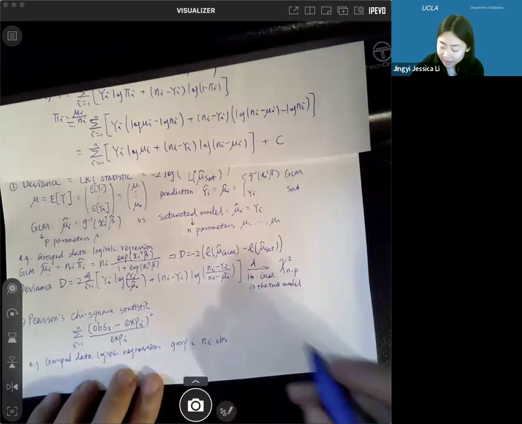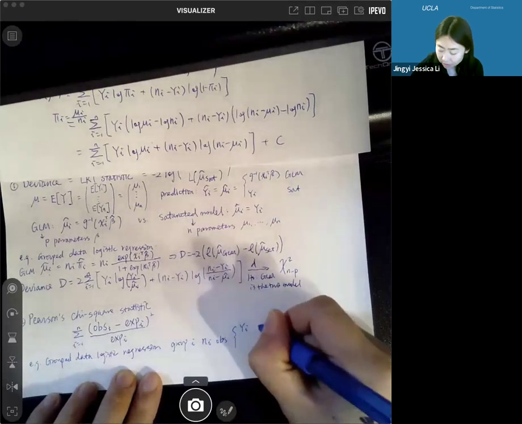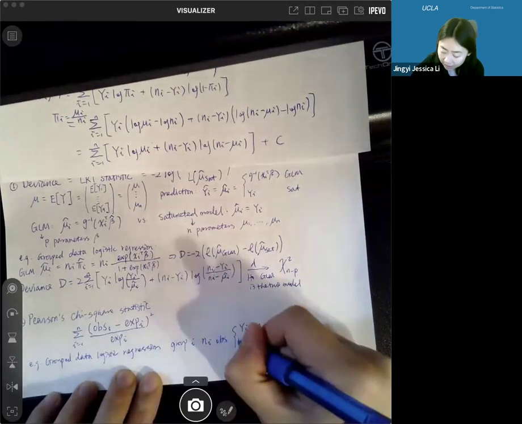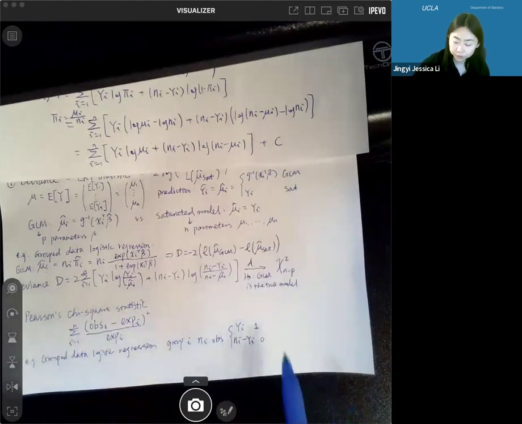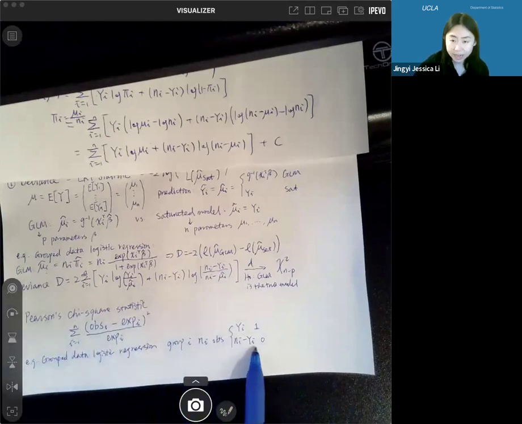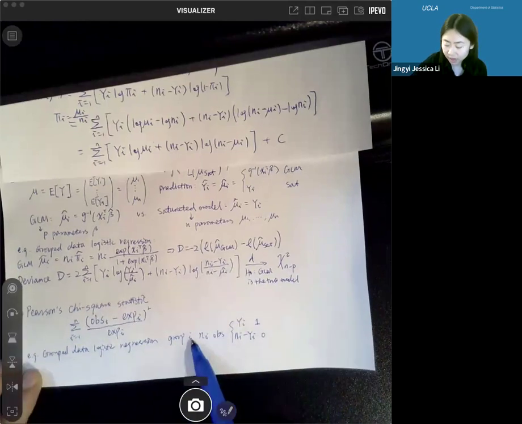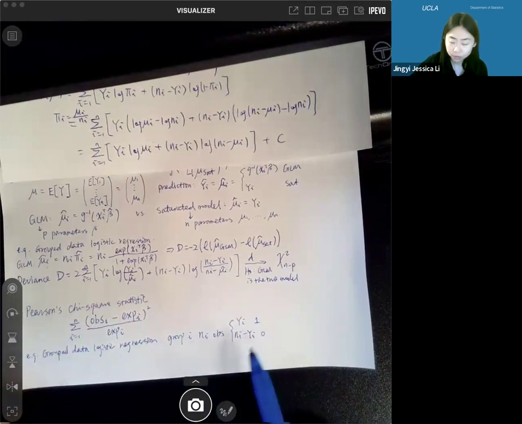Out of the ni observations, we have yi observations as 1 and ni minus yi observations as 0. So for the group data, when we use the Pearson's chi-square statistic, we actually consider the ungrouped data as our observations. In this group i, there are yi ones and ni minus yi zeros. We use those as our observations, and then we consider the expectation.